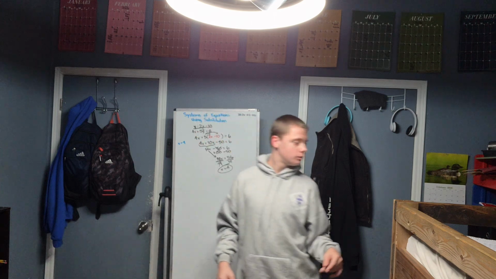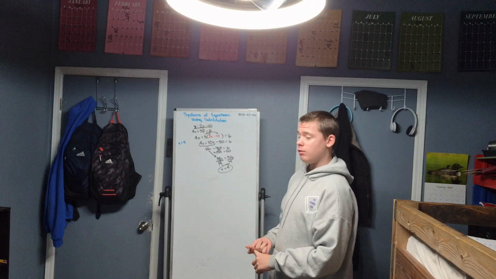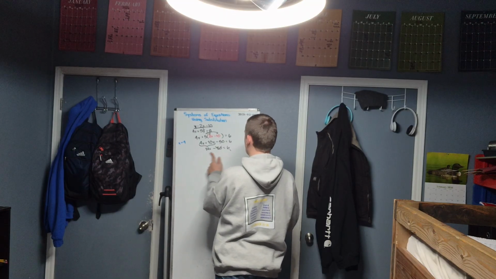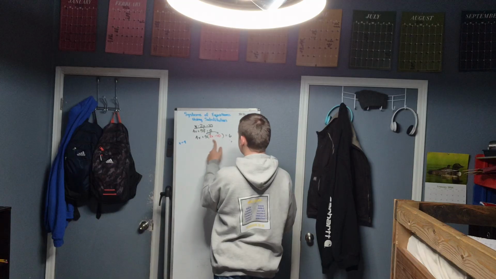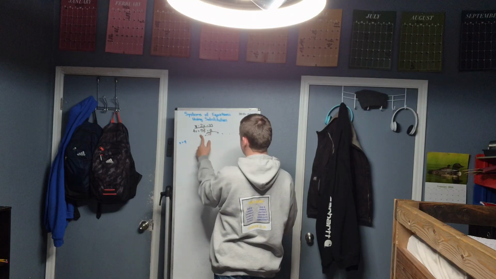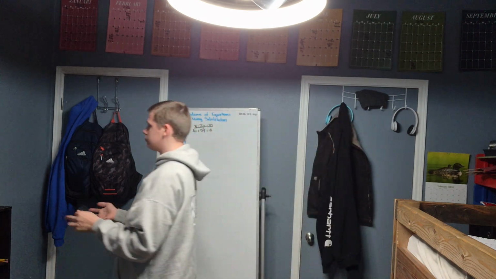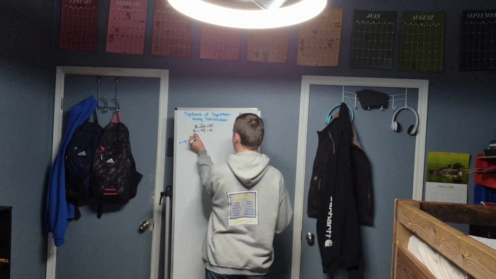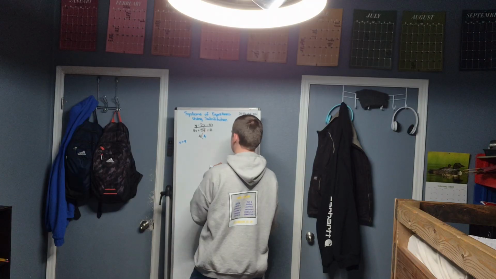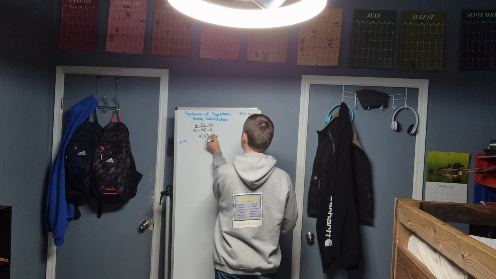While we get that going, we're going to be explaining a lot of very cool stuff. So now, 4 times 4 plus 5y equals 6.